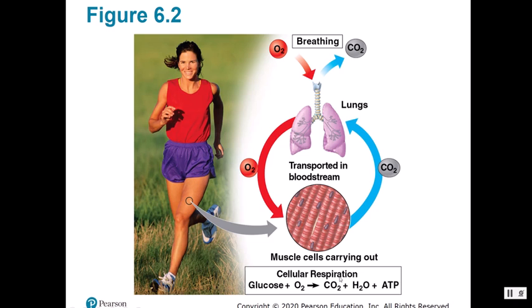We use glucose, which is why we eat, that's sugar, and the oxygen from breathing in, and we're going to produce CO2, water, and ATP. The ATP allows her muscles to continue contracting so she can keep running. Water, of course, is always used by the cell, but this CO2, the blood is going to transport back to the lungs, and we're going to breathe that CO2 out.